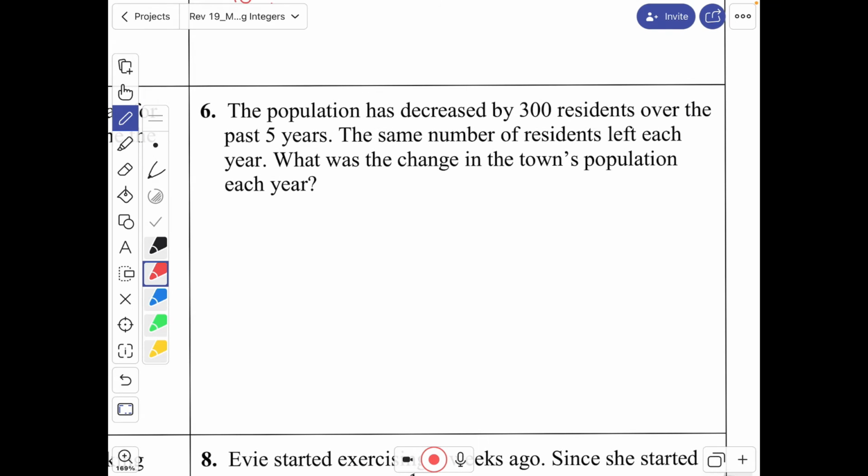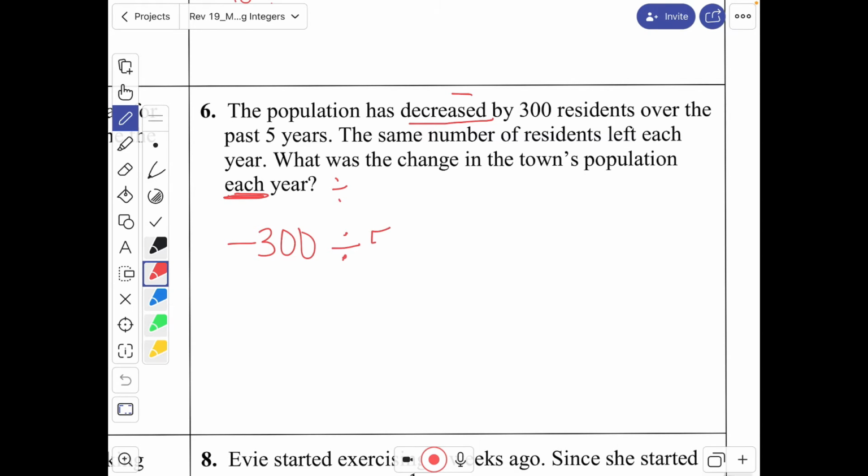Number 6. The population has decreased by 300 residents over the past 5 years. The same number of residents left each year. What was the change in the town's population each year? Okay, if each is in the question, that's usually division. So it decreased, that would be negative, so negative 300 over 5 years.